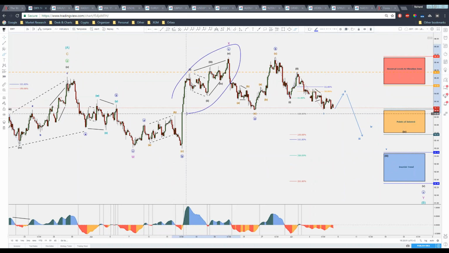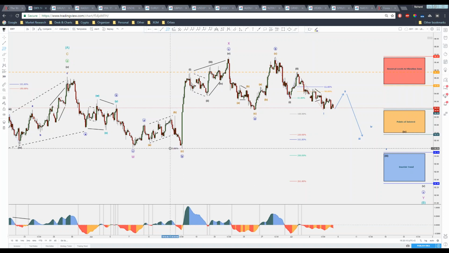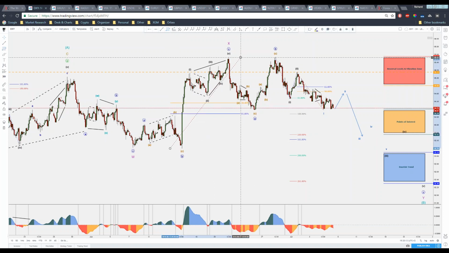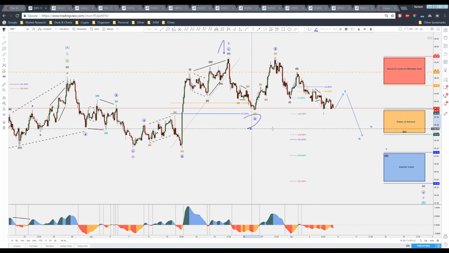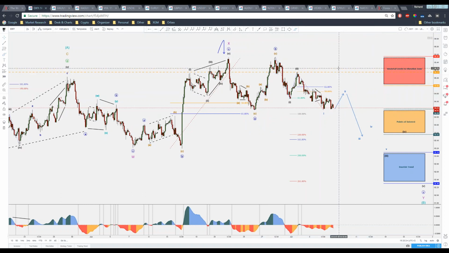This is what I want to take a look at, because what if this is the leading diagonal of a larger wave up? Well, it's pretty simple. We're just going to use the Fibonacci retracements, and let's say for instance, if this would be a 1 and then this would be a 2, this would be 1, 2, and then 3 in an extension. But the only condition would be for this not to go below this point. If it does, then that scenario could be invalidated.